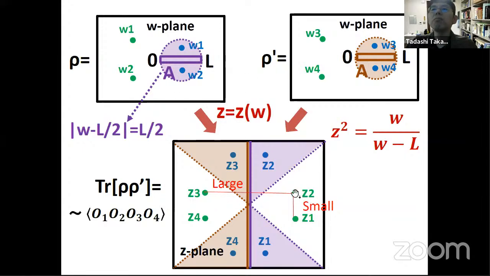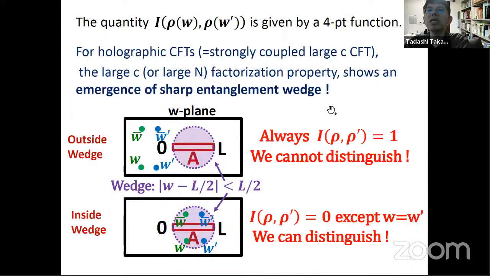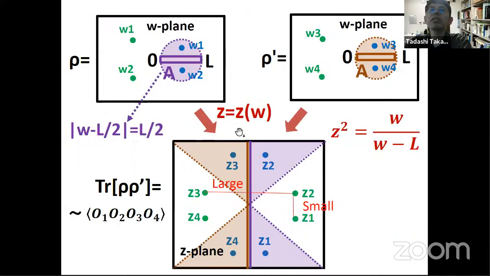These two compete, and if the non-trivial one is favored, then immediately we see that I(rho, rho prime) is non-trivial, not just 1. But if the trivial one is favored, then we get the trivial result. You can see this green one, obviously the trivial one is favored because the distance is shorter. But in this case, the trivial distance D1, D2 is larger, so the non-trivial one is favored.